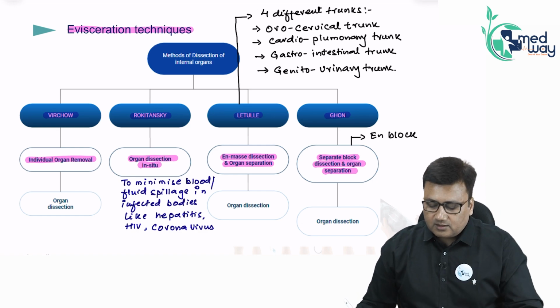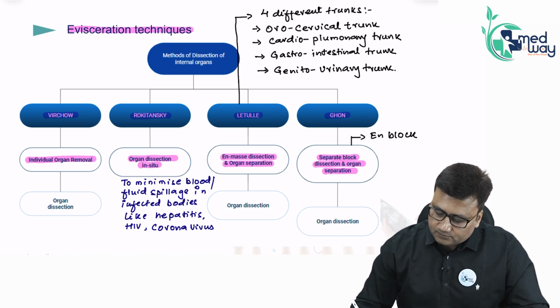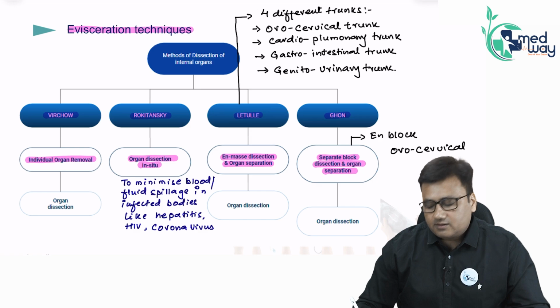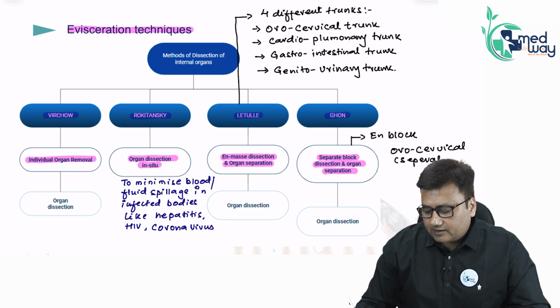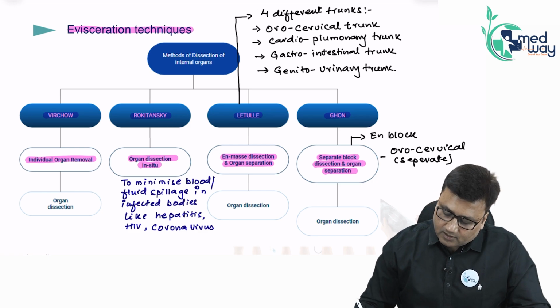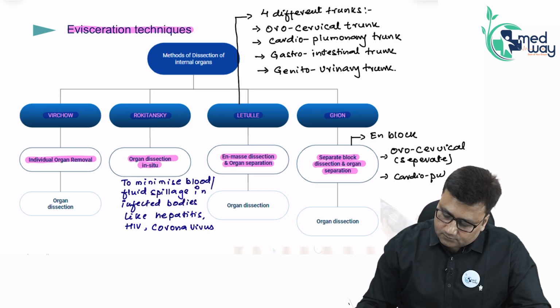So, in Ghon, we will have oro cervical, that will be separate. We will have cardio pulmonary separate.